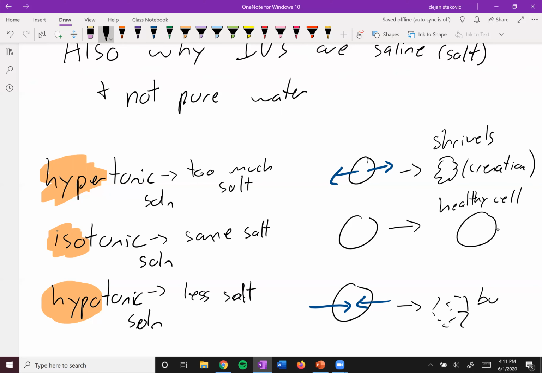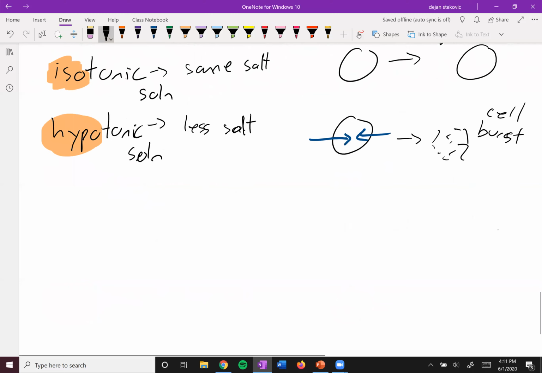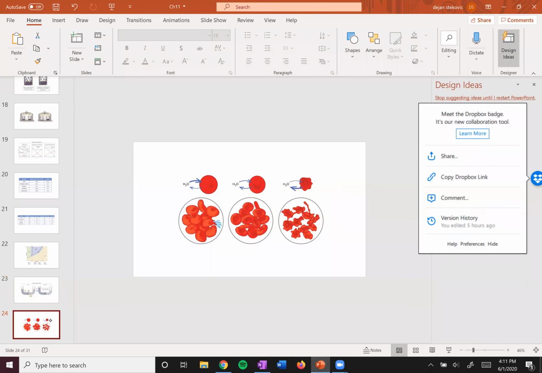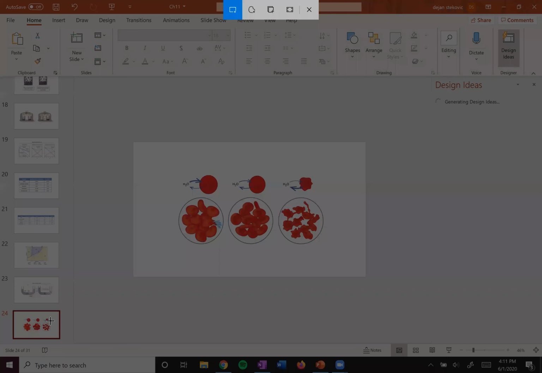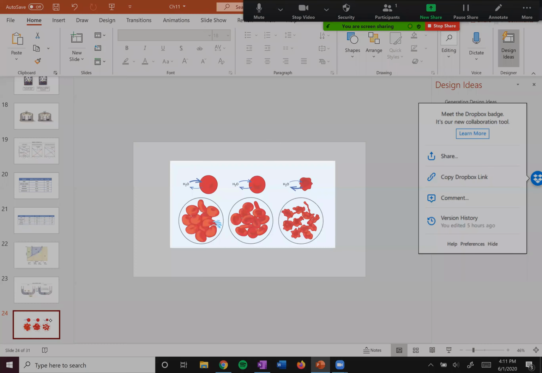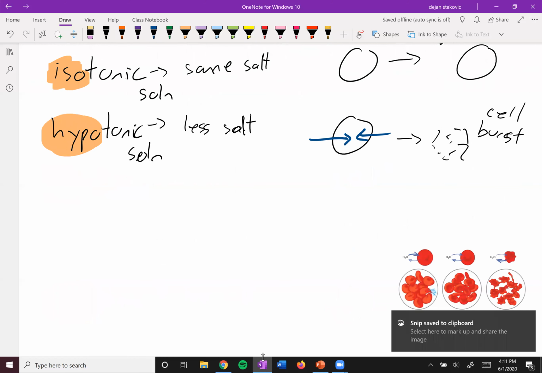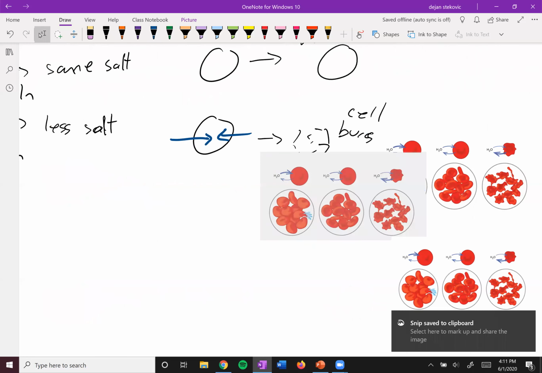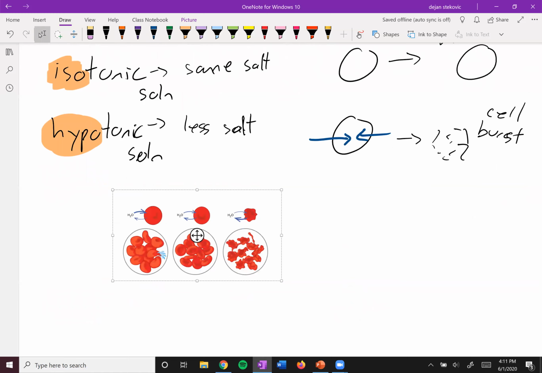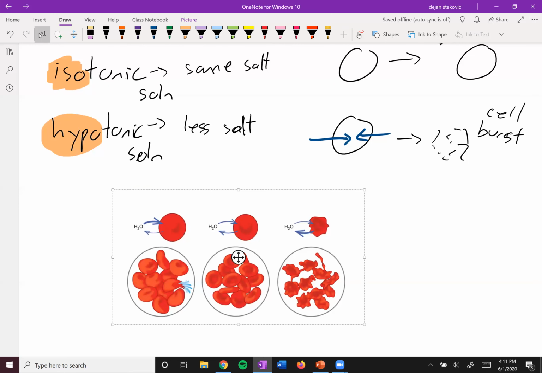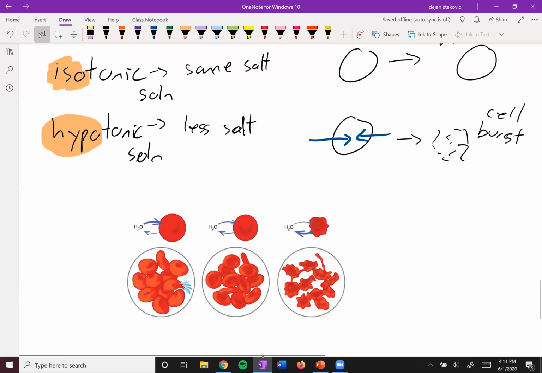So that's my little pieces of dead cell there. And so kind of same picture here, it shows the three different options: too much water going in and the cell bursting, the right amount of water, or not enough water.